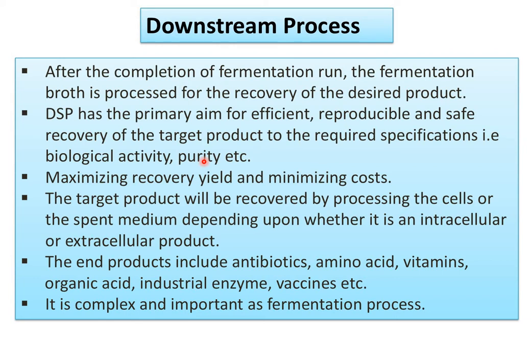And the most important feature is that during the recovery of the target product, the biological activity as well as the purity should not be compromised, means there should be minimum loss of the compound, and the biological activity should not be disturbed.